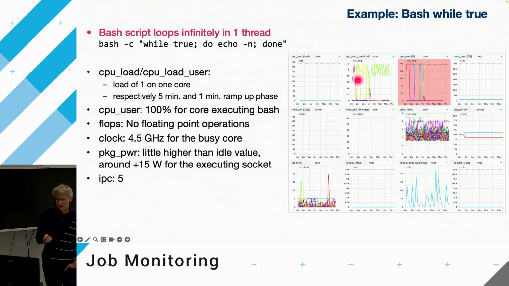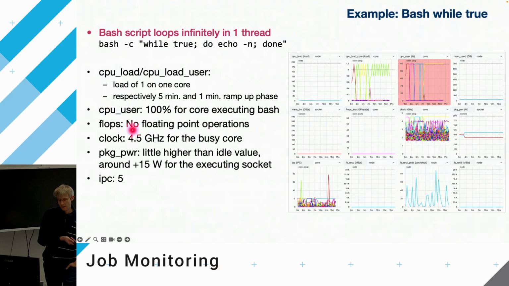And here you see that apparently this thread jumped a little bit between cores. So there are different colors here in the CPU load core, and also in the CPU user. There's always one core that has 100% value. Flops are 0 because this workload is not doing any floating point operations.